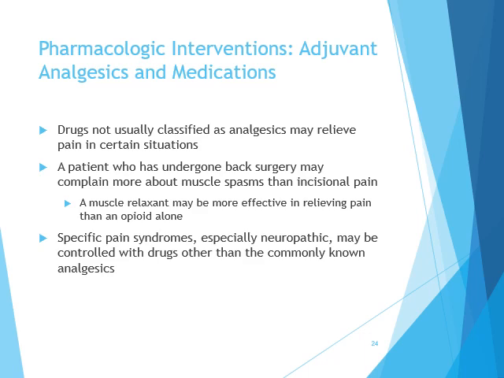So you might need to give a different drug. A patient who has undergone back surgery, oh here it is, complains more about muscle spasms than incisional pain, so you give them a muscle relaxer. Specific pain syndromes, especially neuropathic, may be controlled with drugs other than the commonly known analgesics.